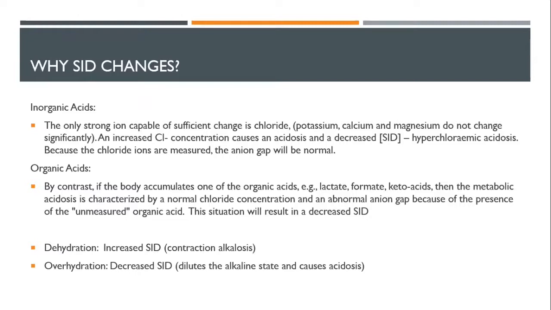So we tend to be alkaline beings. So when you're dehydrated, you increase your alkaline state. You have an increased strong ion difference, and that's why it's called a contraction alkalosis. And in an overhydrated state, you've decreased your strong ion difference and you dilute the alkaline state that you usually live in, and that can cause an acidosis.